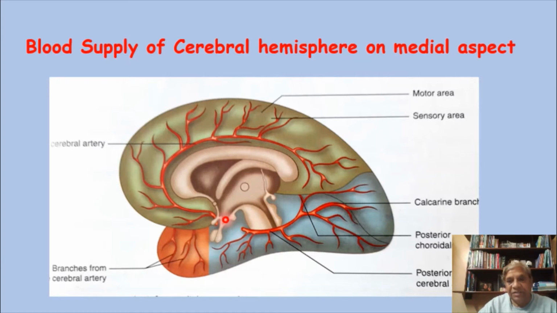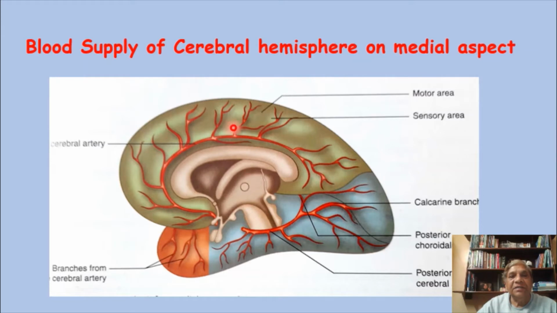After this orientation, I will tell you that this medial aspect of the cerebral hemisphere is supplied by many arteries. This part up to the parieto-occipital sulcus, that is the frontal lobe and the parietal lobe on its medial aspect, surrounding the corpus callosum, is supplied by the anterior cerebral artery.